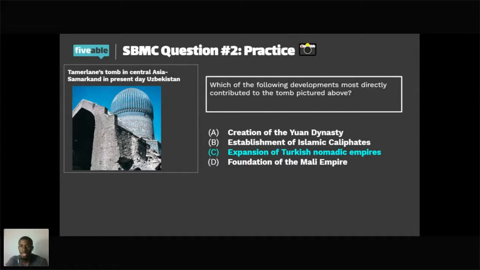Those are the big ones, especially the Mongols and the Silk Roads. They really emphasize those on the AP test. So if you guys don't know the answer, go with something that relates to this time era, either the Mongols, the Silk Roads, or one of the trade routes, because that's mostly what the answer is going to be.